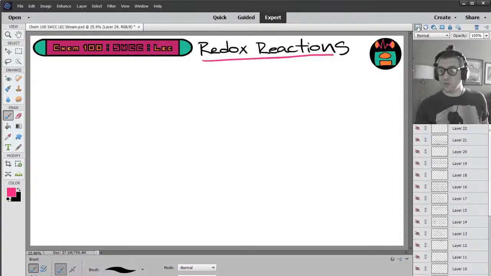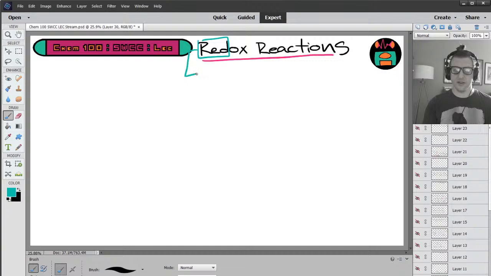Redox reactions. Now, redox stands for reduction oxidation. The red in redox stands for reduction, and the ox in redox stands for oxidation.